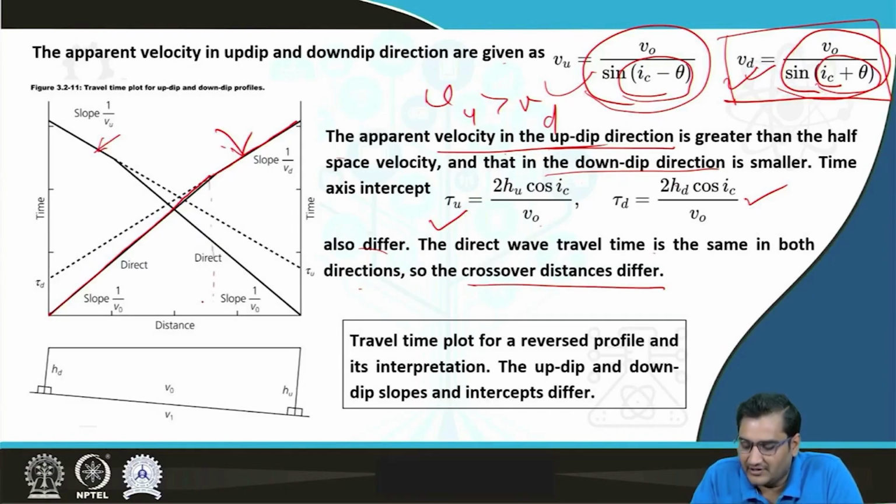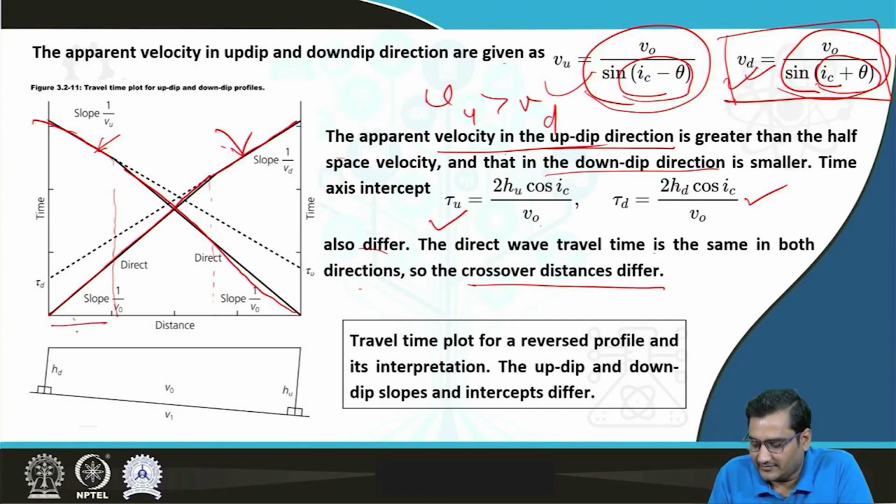This is the crossover distance for the forward case, and here you have this direct phase, and then a head wave here, and wherever they intersect, if you take a perpendicular onto the x-axis, that will be your crossover distance on the x-axis. In this case, this is your xd.